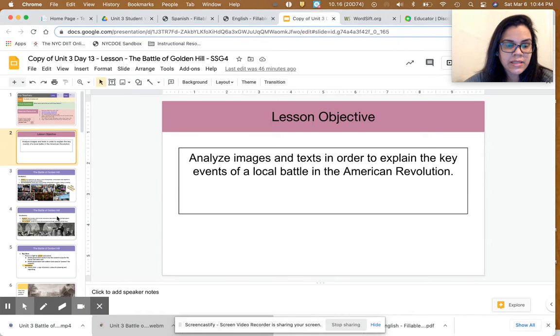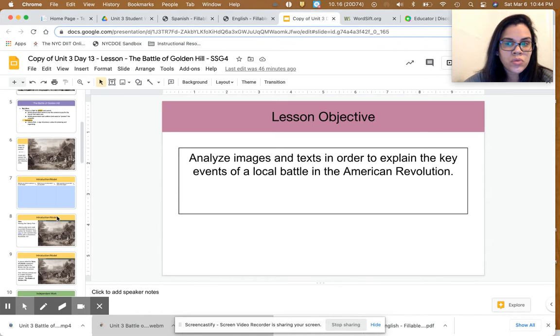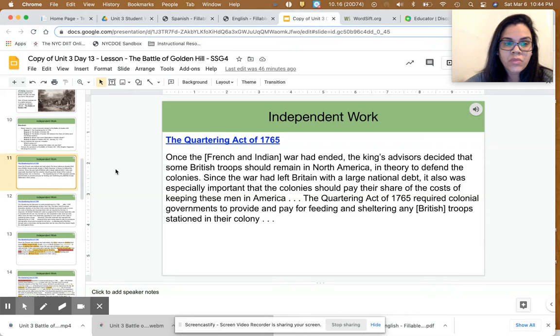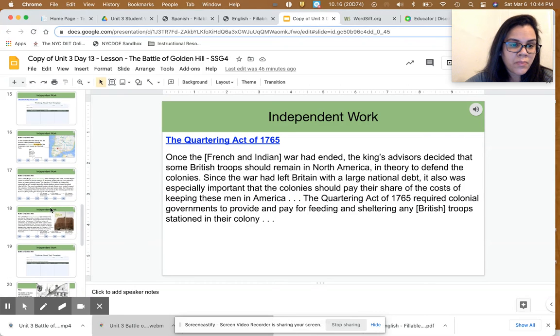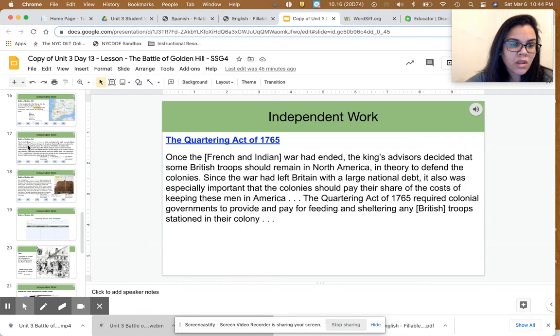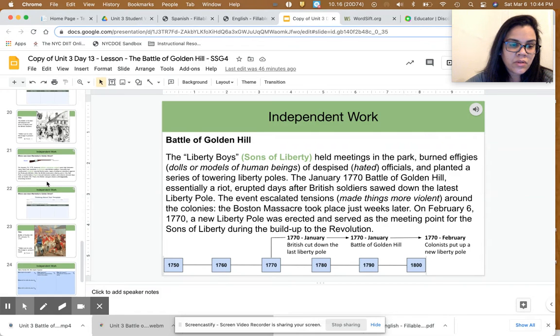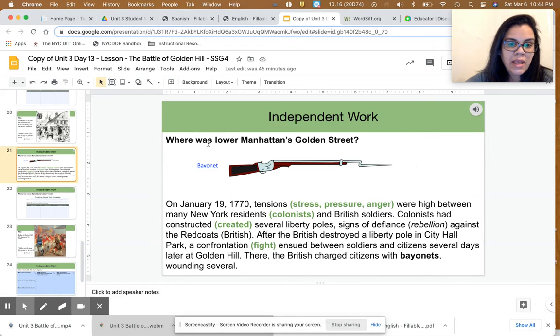Before you teach the lesson, it would be helpful to support our multilingual learners and English language learners in accessing the content by assigning these sources: the Quartering Act of 1765, the Battle of Golden Hill, and where was Lower Manhattan's Golden Street.